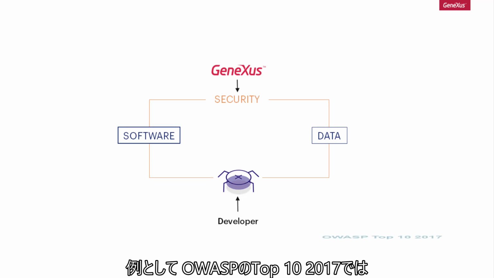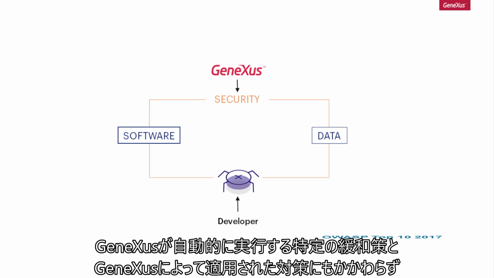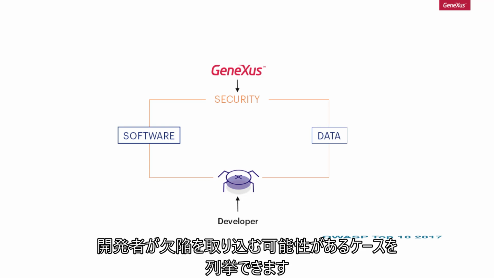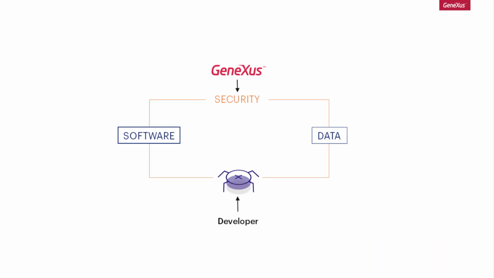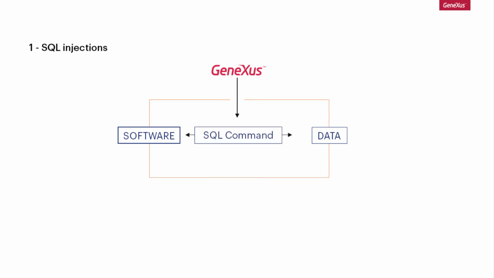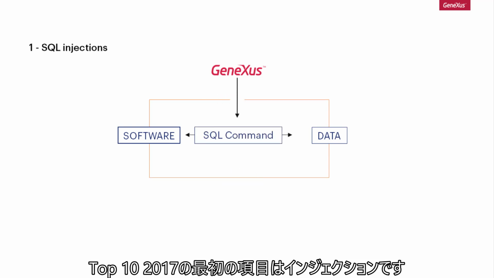By way of example, with the Top 10 2017 of the Open Web Application Security Project, it's possible to enumerate certain mitigations that GeneXus carries out automatically, and cases where the developer may introduce flaws despite the measures applied by GeneXus. The first item in the Top 10 2017 is injections.